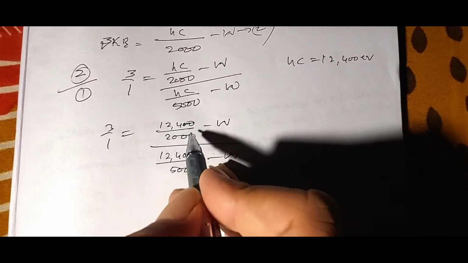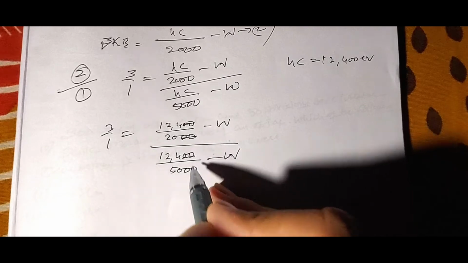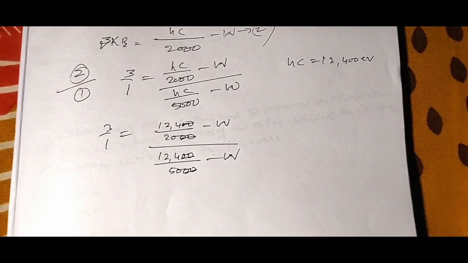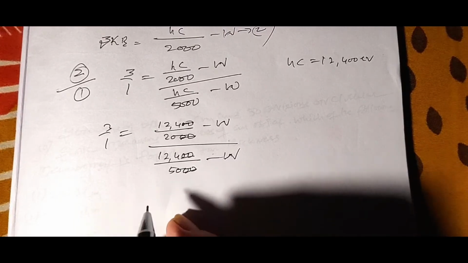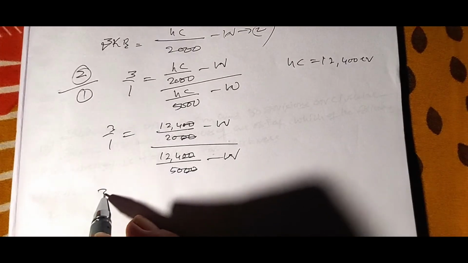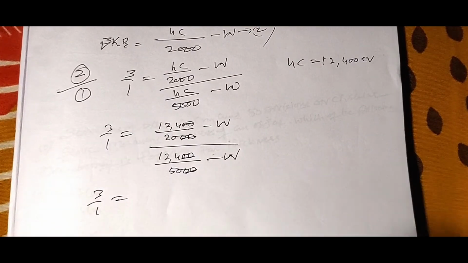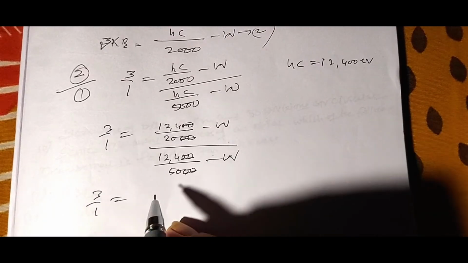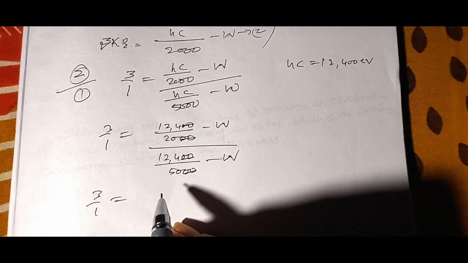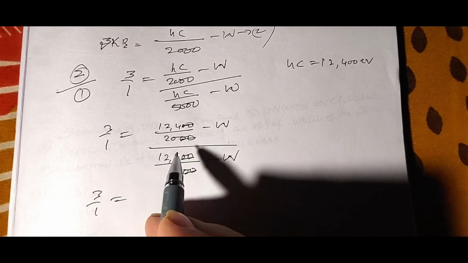Here the zeros cancel. Now 3 by 1 is equal to 124 divided by 20.